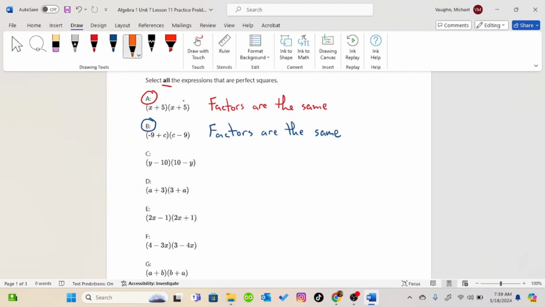Let's look at choice C. We have y minus 10 times 10 minus y. The y is positive in the first factor, but negative in the second. And the 10 is negative in the first factor, but positive in the second. The factors are opposites. So this is not a correct solution.